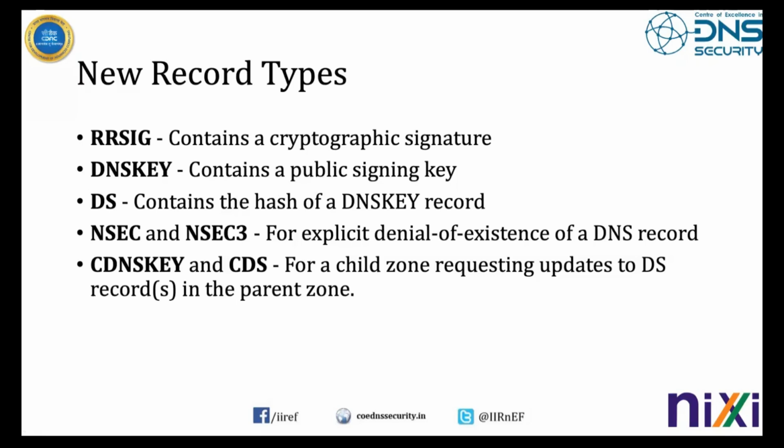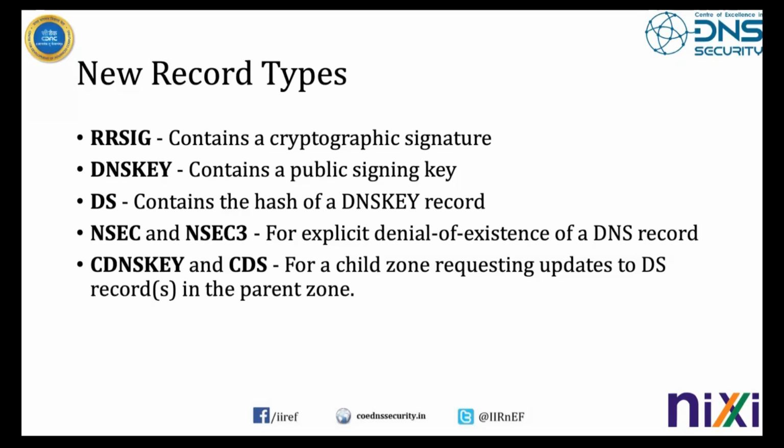Next is the next secure record, and next secure record 3, NSEC and NSEC3. Suppose that I query a DNS server, and there is no record for that. Maybe the domain is non-existent. Now I cannot sign a non-existent record, which is not there. So what NSEC does is it gives the next secure record, which is in alphabetical order.